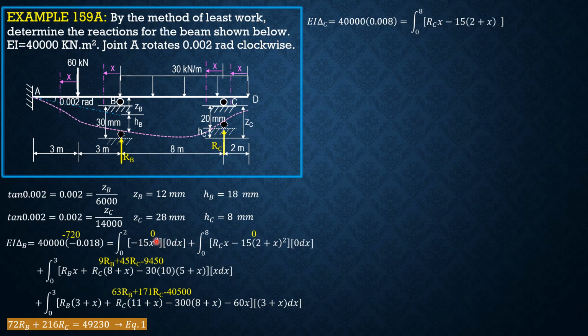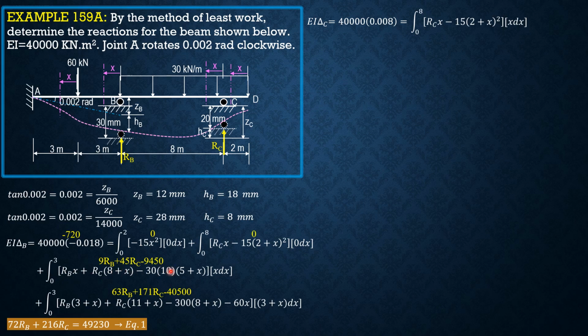Let's bypass that because that's still 0. We copy the moment equation, then the derivative with respect to R sub C is x dx this time. Integral of R sub C x is x, and differential of x.